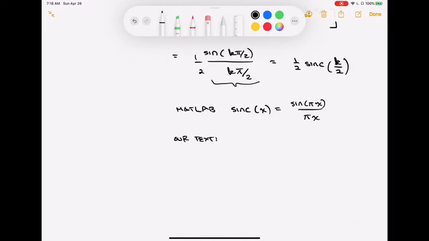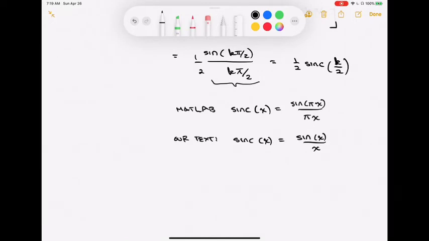does something like the following. It defines sinc of x as being equal to sine x over x. They don't use the pi in there. It doesn't really matter which one you use, but you do need to make sure that you use one particular form and not mix between them, because you'll be off by a parameter if you do that.